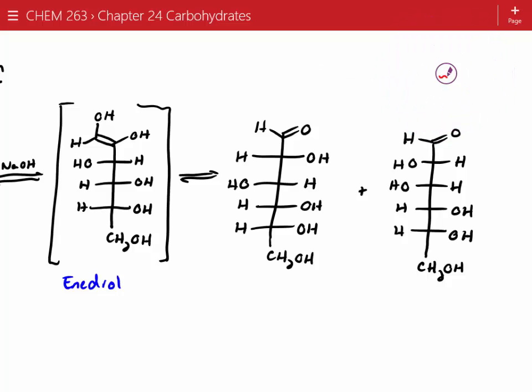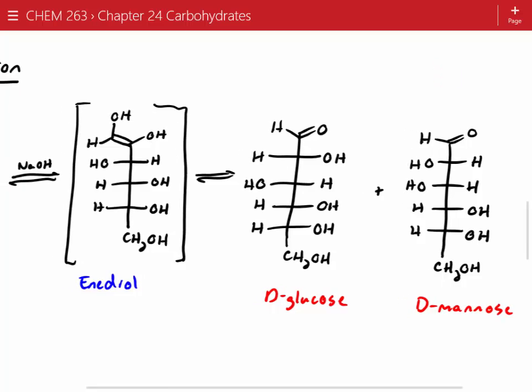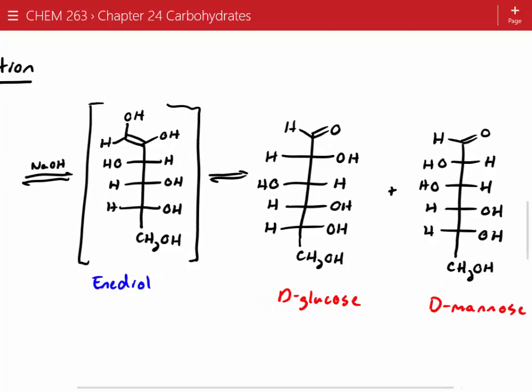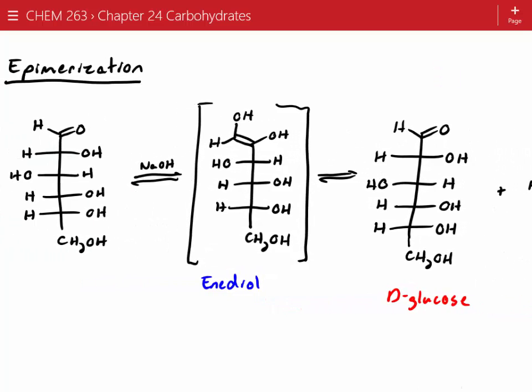And so if we look at this, what we've got is D-mannose and D-glucose, which is interesting because if you look over at what we started with, D-glucose.